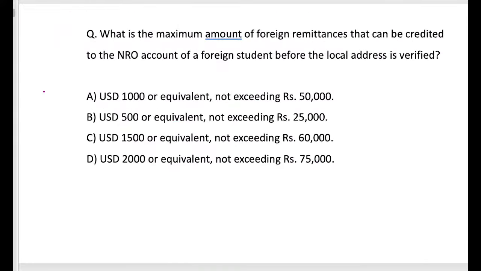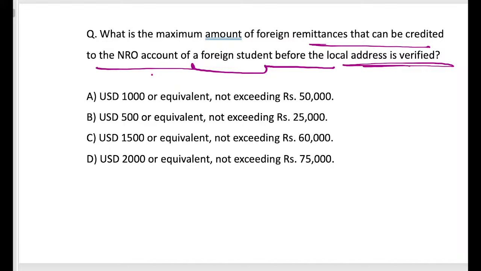Next one, guys. What is the maximum amount of foreign remittances that can be credited to NRO accounts of foreign students before local address is verified? NRO accounts of this, so $1,000 not exceeding 50,000. Yes, very good. So 1,000 USD or equivalent.